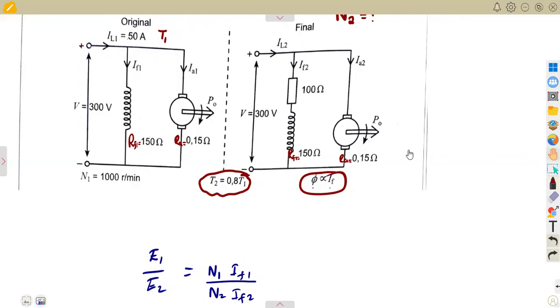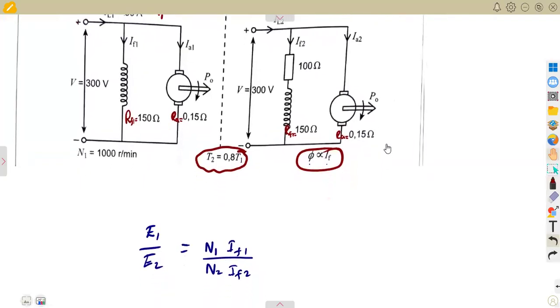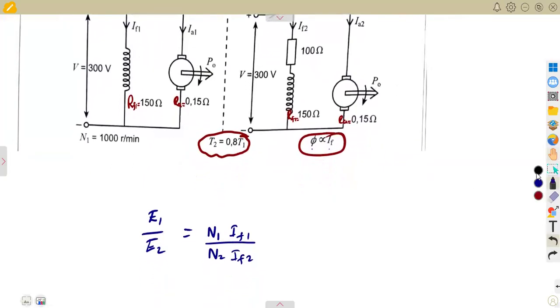So the question is, what do you want to calculate? N2. Circle that part that you want to calculate. You need to calculate N2, which is the speed on the final. Then what are we having? We have N1, the speed. We do not have field current 1, never calculated this. We do not have field current 2.